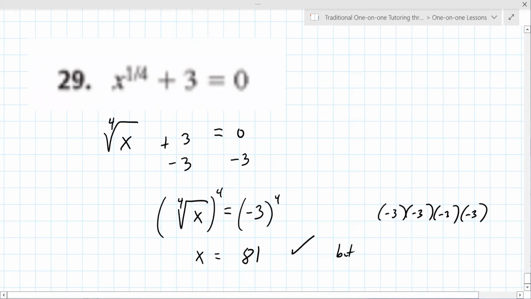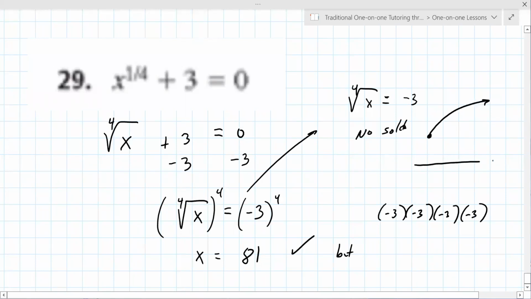The problem is actually in this line right here. You had the 4th root of x equals -3. There is no solution to this, because the 4th root of a number can never equal a negative. It comes from the graph of a square root or a 4th root. It never hits this number down here. So how would you know? Well, you'd go back and check it.